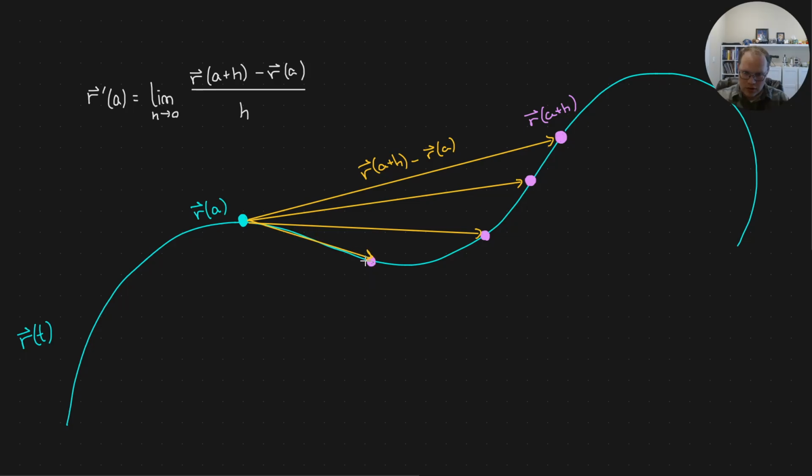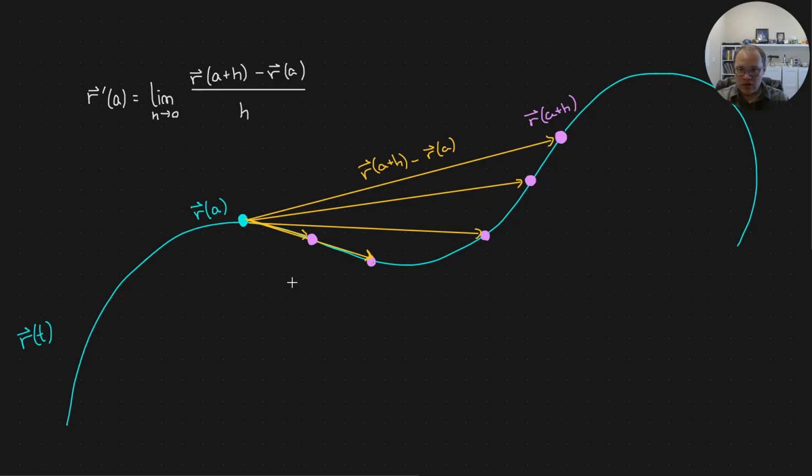What am I getting closer to here? The closer h gets to 0, the closer this point gets to this point, and the closer this vector that points from one to the other gets to being a vector tangent to the curve.